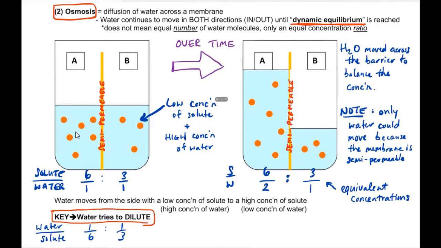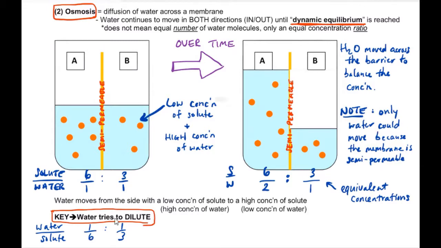And keep in mind, we're not talking about the number of water particles here, because there's equal water particles on both sides. And clearly there's way more water particles here now than there is here. So it's not about the number of water molecules. It's about the concentration of that water. And the concentration is always how much water compared to how much solute, or how much stuff floating in the water that can't move through the barrier.